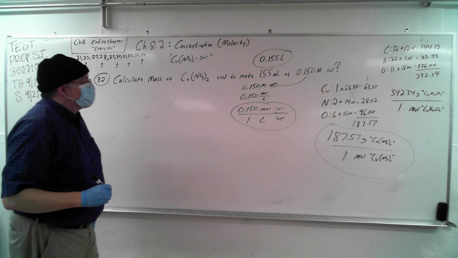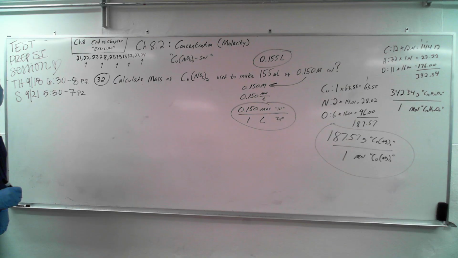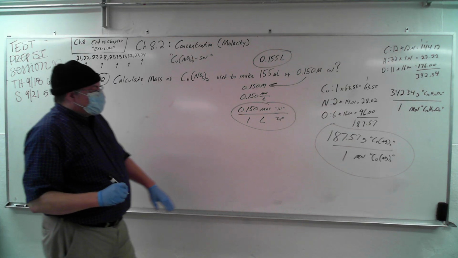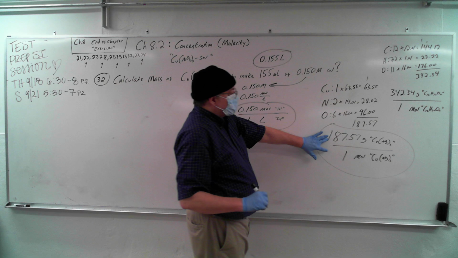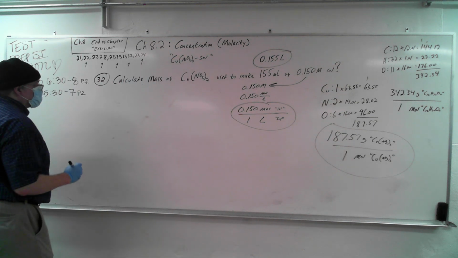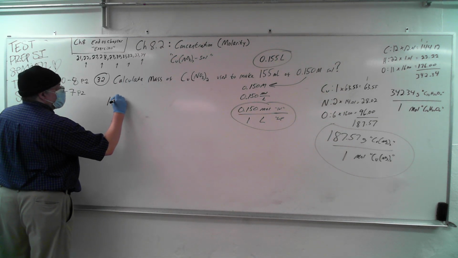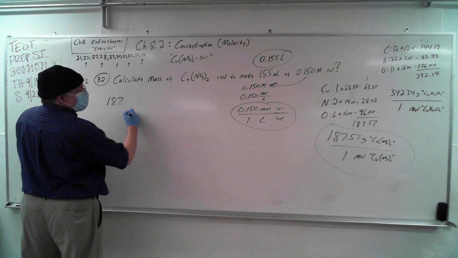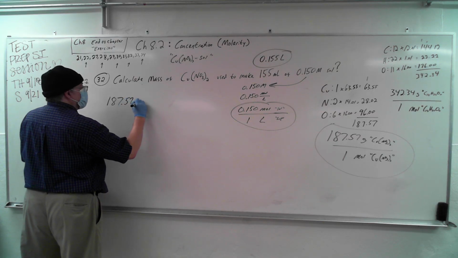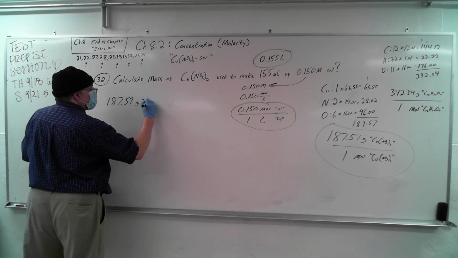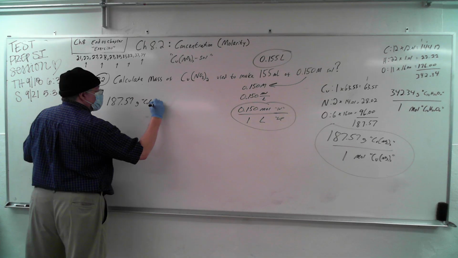We'll use that. And we need all that to cancel down to grams. This is where the grams are, so I'm going to put this first just so I know I've got the grams on the top. Grams of CuNO3.